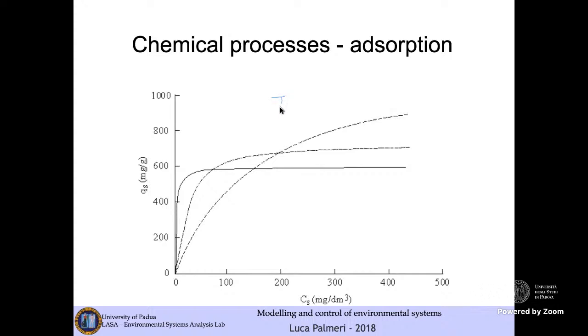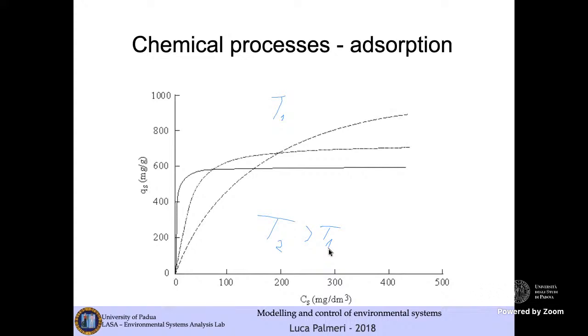At temperature T1, you will have this kind of isotherm. Now we may ask ourselves, what happens if the temperature changes to a different value T2, bigger than T1? So we are asking what happens if the temperature of the system increases. T2 greater than T1.